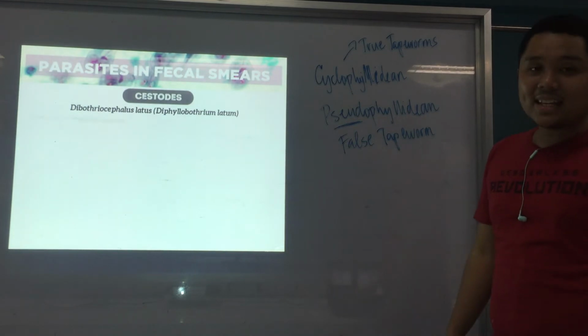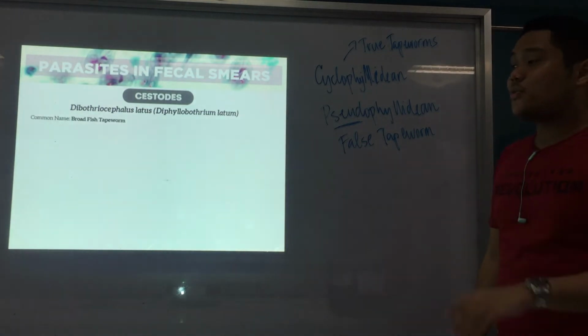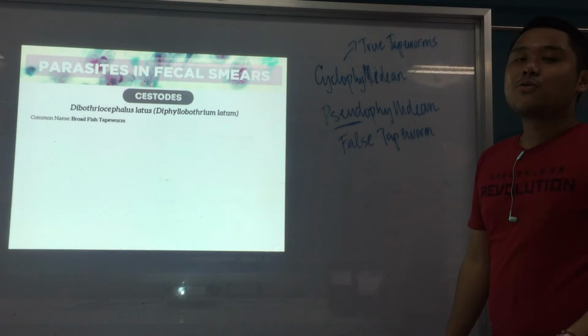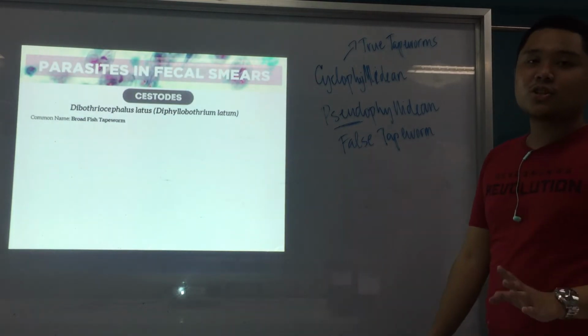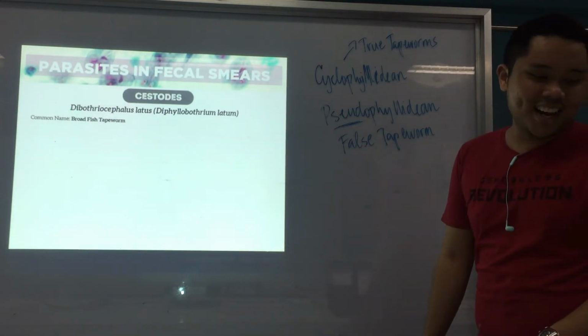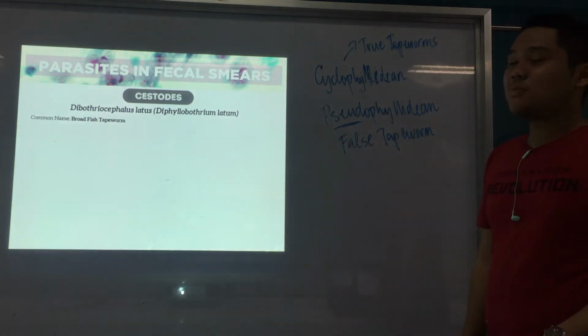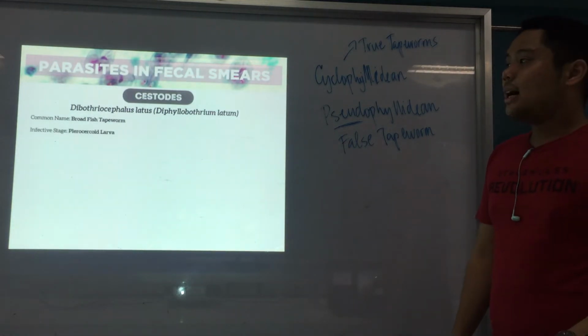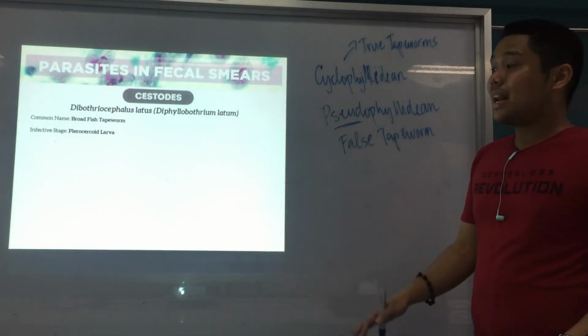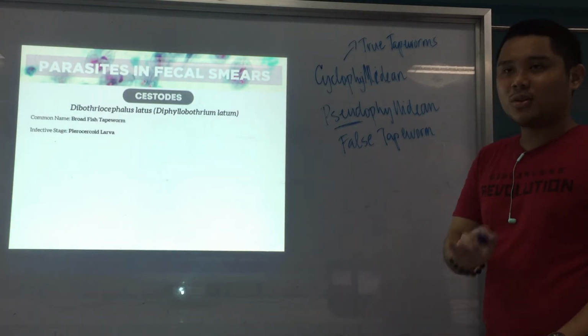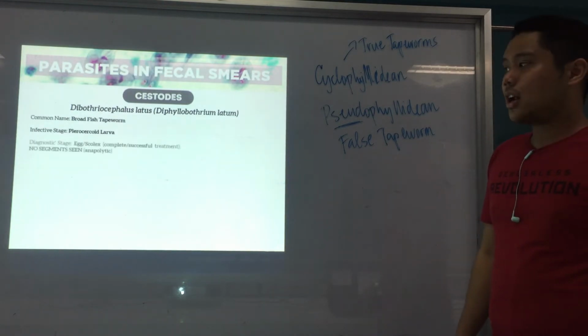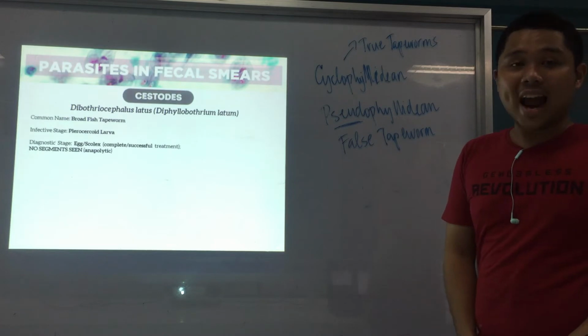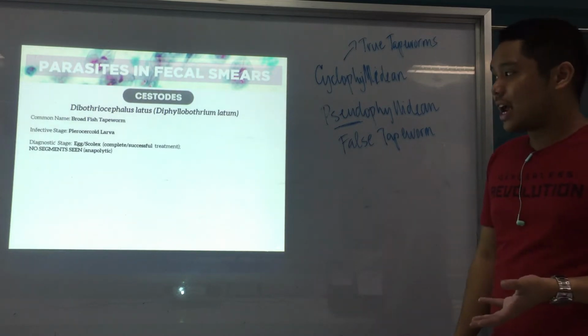And this tapeworm is also known as your broad fish tapeworm. So as you can see, from pork to beef to fish, you can get tapeworms. So this can be found in fish, broad fish tapeworm. Your infective stage now is your plerocercoid larva, so it's different. The diagnostic stage is still the egg, or scolex.